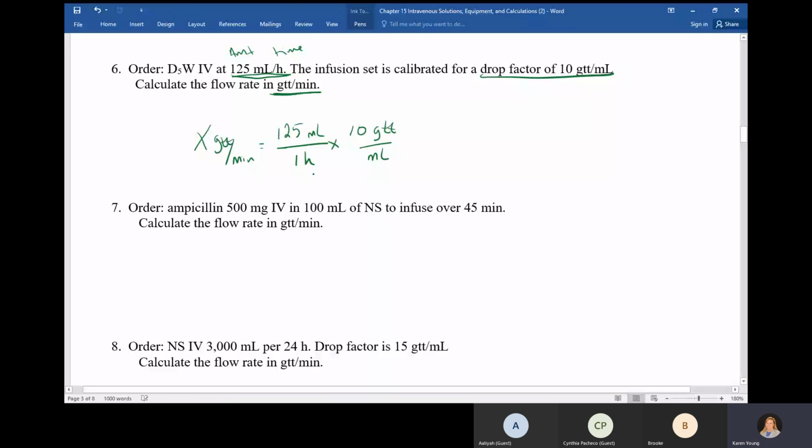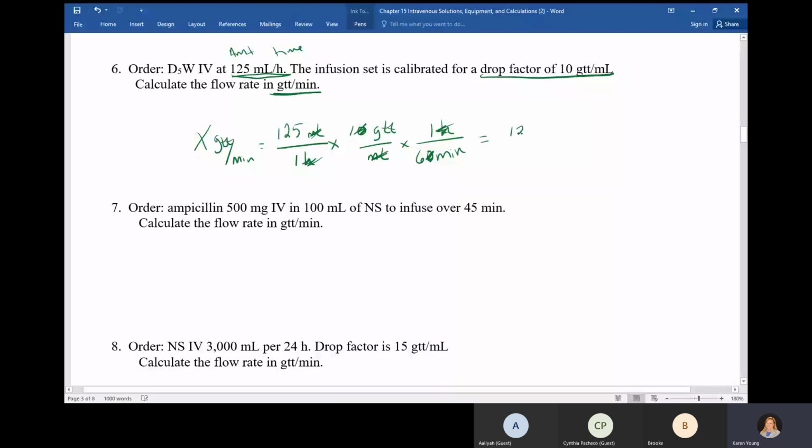Since my time that I'm given is in hours, I've got to use my time conversion, 1 hour, 60 minutes. And my milliliters cancel, my hours cancel, and I'm left with drops per minute. Now I can do one more cancellation. I can cancel the zeros, and I'm still left with a 6 on bottom.